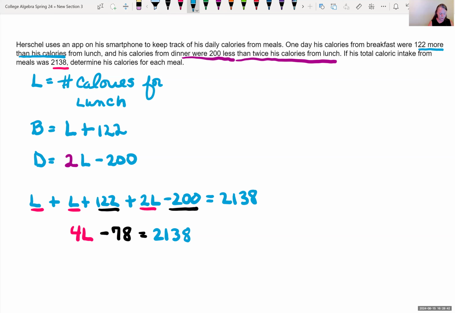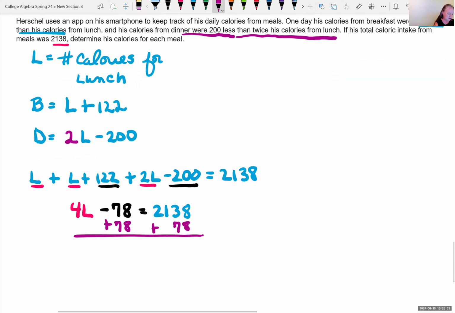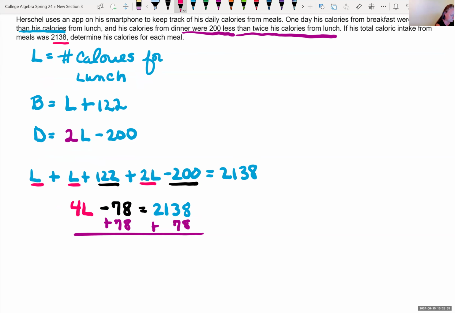Isolate the term of the variable L, so that means I would have to add 78 to both sides. So we get that 4L is equal to 2,216.